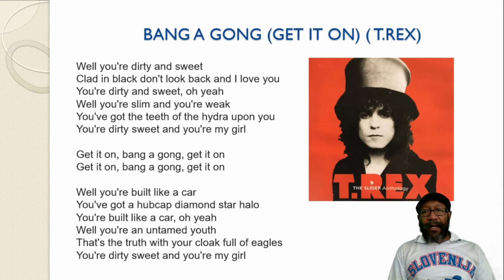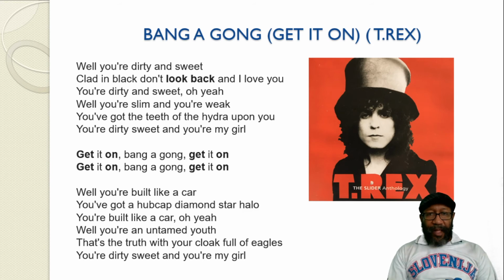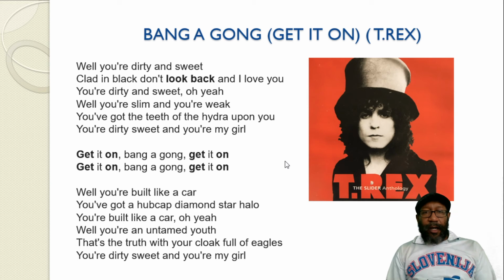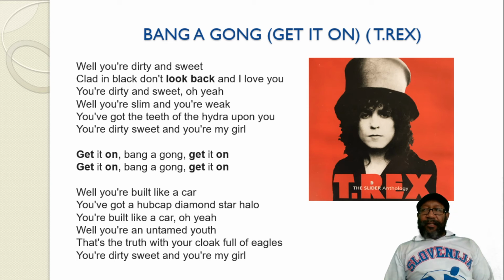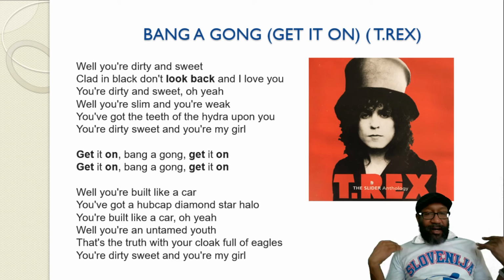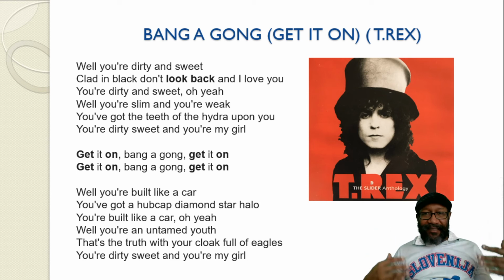And in this song, Bang a Gong, Get It On, we have a phrasal verb. Actually, we have two: look back and get on. And as you can see, in get it on, the pronoun is in the middle. So get on is a phrasal verb that is separable. You can separate the verb from the particle, as you can see in the example, get it on. Look back means to come to another place in the past. So look back is to remember something.